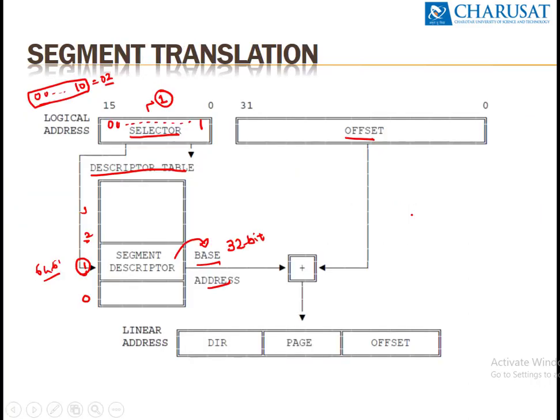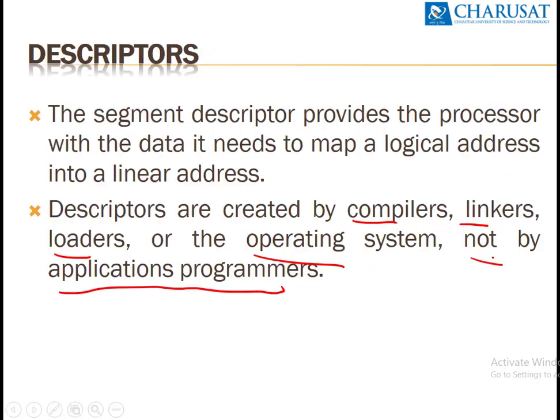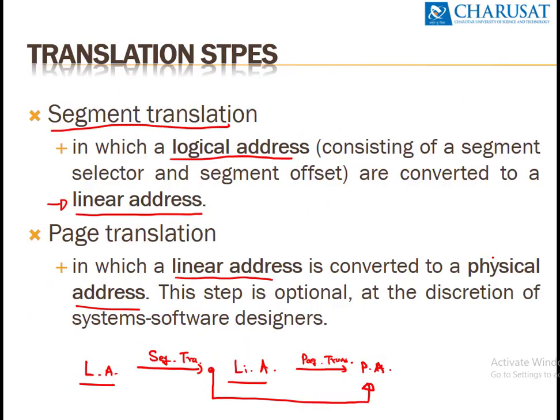So from the segment descriptor, we will get the 32-bit address, which is known as the base address. Then we will get the offset over here, which is of 32 bit, and this base address and offset are added together without any shift operation. We will get a 32-bit linear address. So the addition circuitry is a part of the 80386.